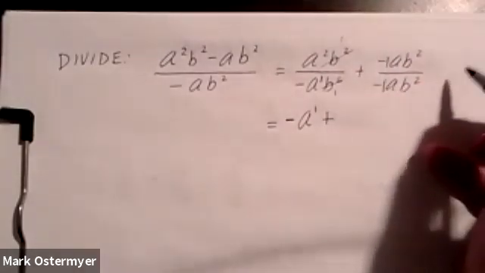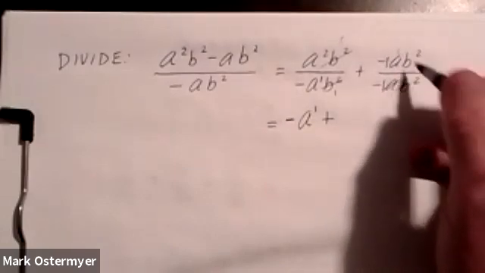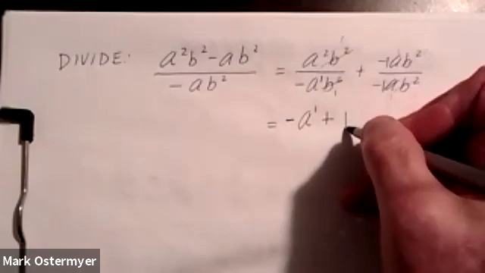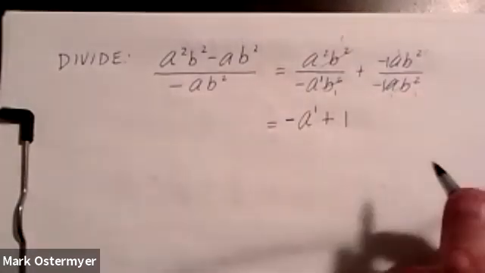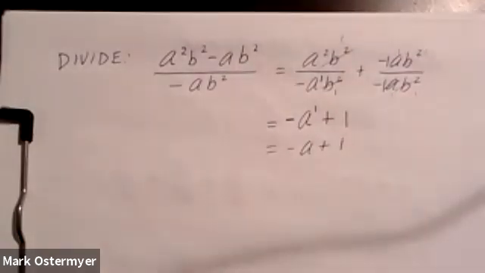Just a positive. These a's reduce down to 1s. These b squareds reduce out to 1s. So we're left with negative a plus 1. Any questions about that problem? Pretty simple so far. Dividing a polynomial by a monomial.